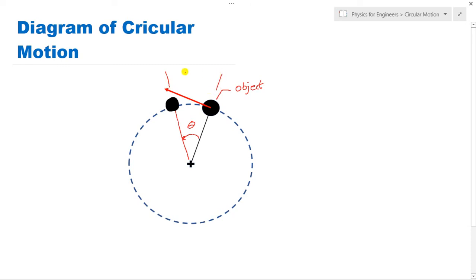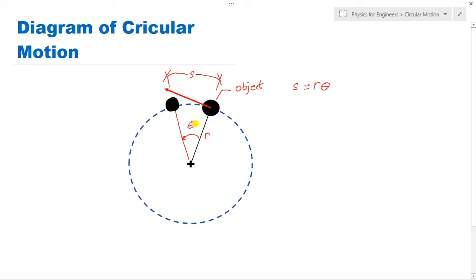So this distance right here, the arc, is known as S. Remember in your mathematics subject that the distance S, or the arc length, is just equal to the radius. So let's say this is R, because R is the radius, times the angular displacement theta. So ganun lang yung circular motion natin.